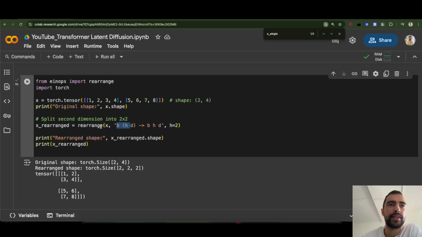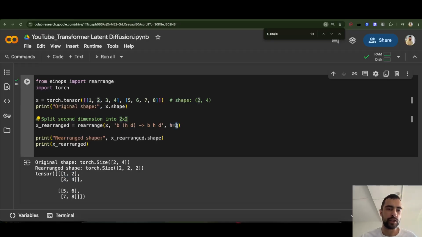So basically what this will do is split the second dimension 4 into h and d, and h will be 2, so then d will be 2 as well. So if I run this, 1, 2, 3, 4 is actually split into 1, 2 and 3, 4 now.